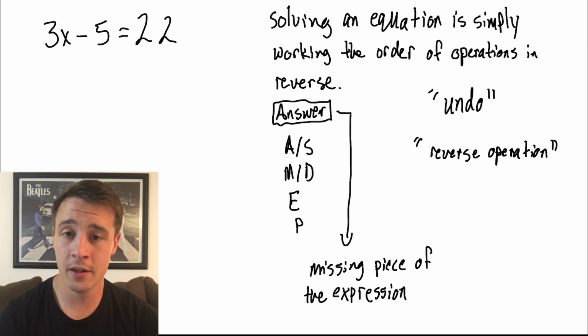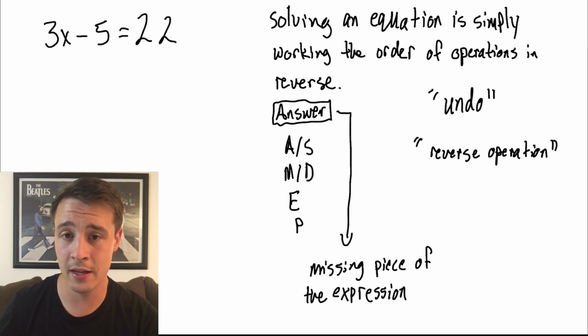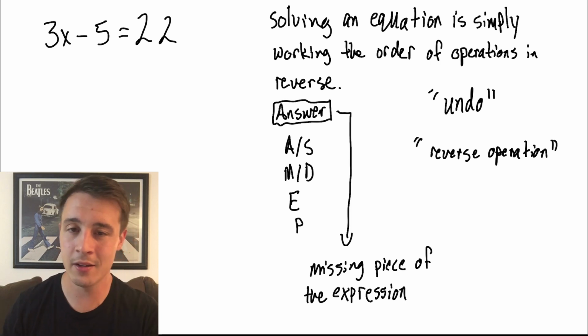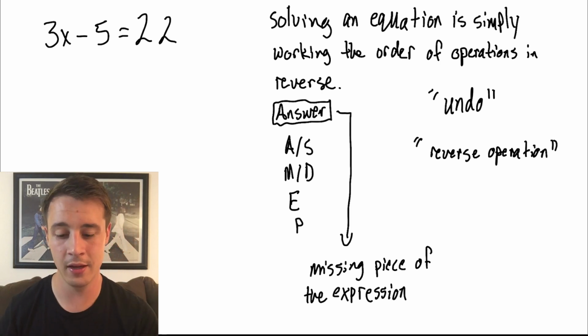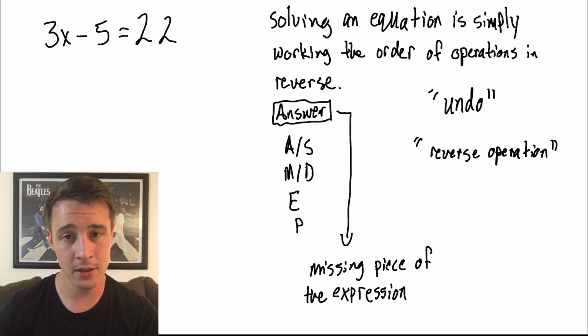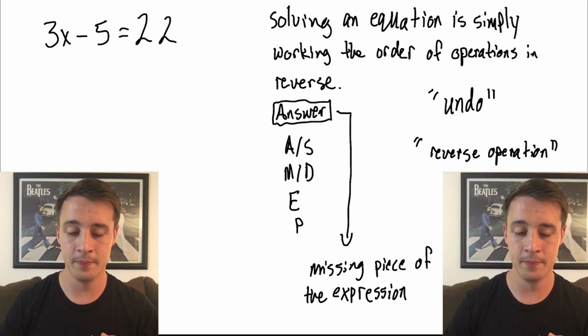So when you're solving an equation, essentially what you're doing is taking the logical steps that we have for evaluating an expression using the order of operations, and we're working it in reverse. Now that's why you might hear terms by your teachers saying undo or reverse operations. It's because that's essentially what we're doing. We're working the order of operations backwards.